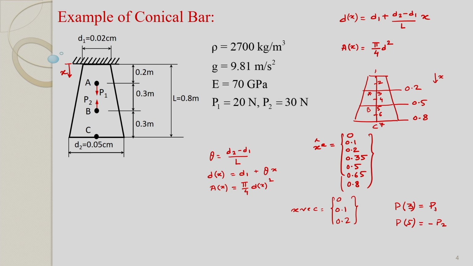So, P1 is positive, that is 20, and at node 5 it is minus 30, because it is opposite to the coordinate direction. These 2 point loads we should add at the global level.